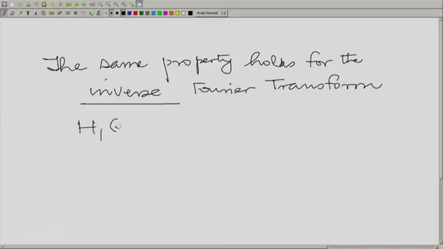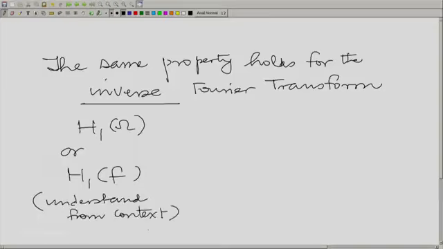So, if I write capital H1 omega or capital H1 f, understand from the context. I must make this little remark here. You see, we often would talk of angular frequency and equally often talk of cycles per second frequency, and from the context it will be quite clear whether we are talking about angular frequency or cycles per second, or you might call it Hertz frequency.